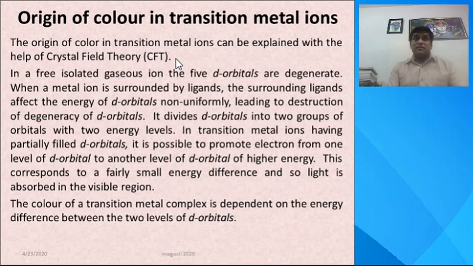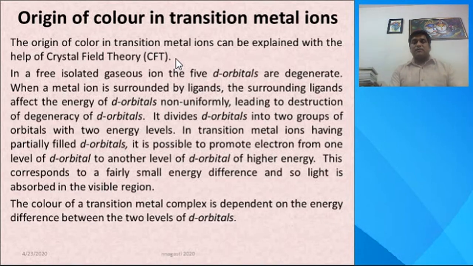These 3d series elements have their electrons in 3d orbitals, and if you look at the d orbitals, there are 5 d orbitals: dxy, dyz and dzx, dx square minus y square and dz square. If you recall their geometry, dxy, dyz and dzx are of one category. That means their lobes are lying in between the axes.